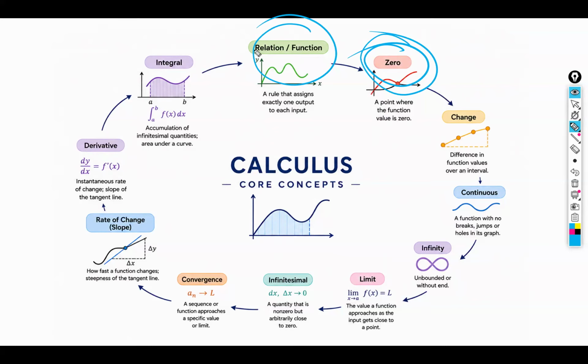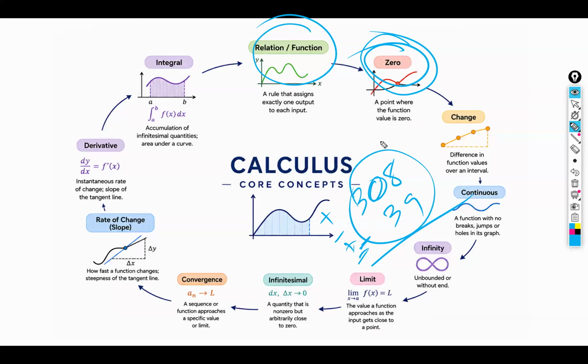So how do you know that zero is a number? We use zero in arithmetic calculation, right? For example, 308 subtract 39. So zero is a number. You can use it for addition, subtraction, multiplication, division. So numbers are used for those arithmetic operations.